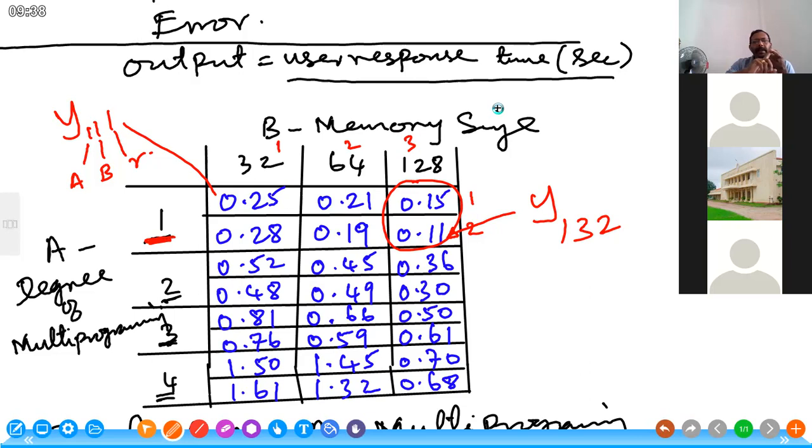Treatment effect, main effect of A, main effect of B, interaction, total effect, and the error component. We will find out all these values. You can continue. I will start, come in a couple of minutes.